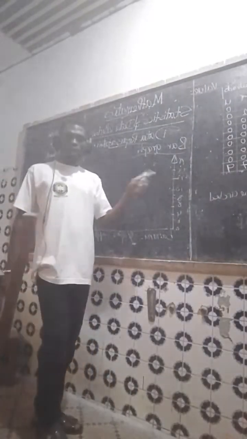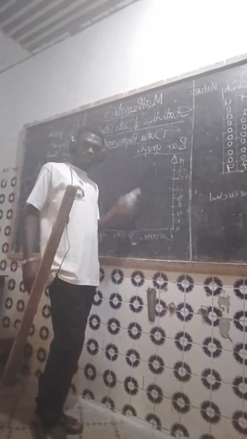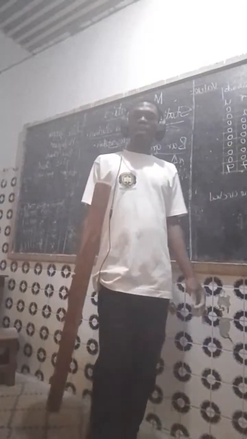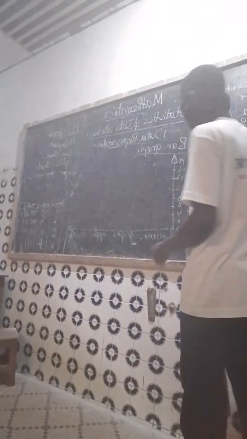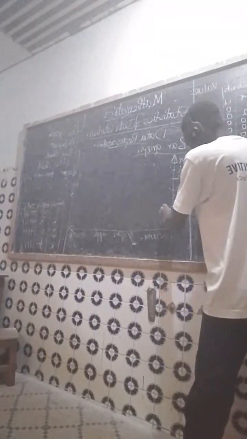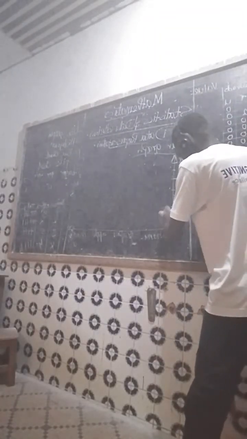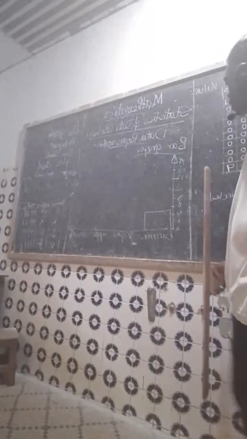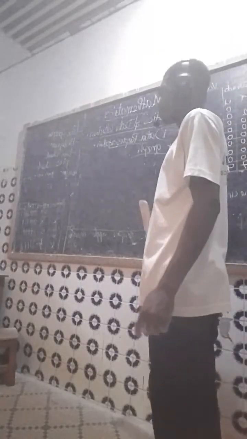Now we want to do a bar chart. Banana, how many? 5. You start from here, cover banana, and come down. You are not joining them.